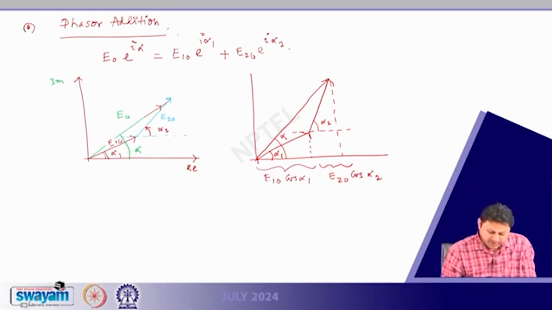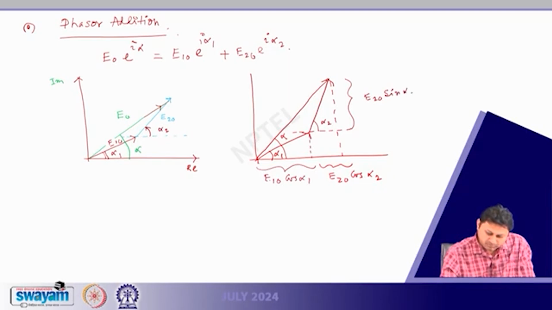In a similar way, the y component from here to here is E20 sine of alpha 2, and from here to here it is E10 sine of alpha 1.